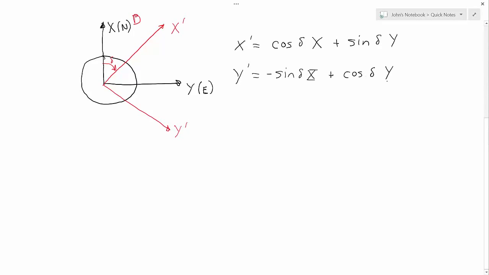All right? And z prime is z. Okay? Now, for reasons that will be made obvious in a second, and it's the reason I taught you guys some linear algebra, let's write this as a matrix equation.